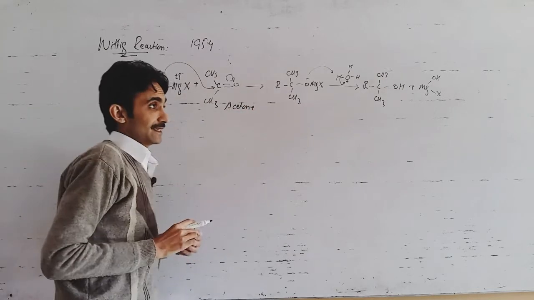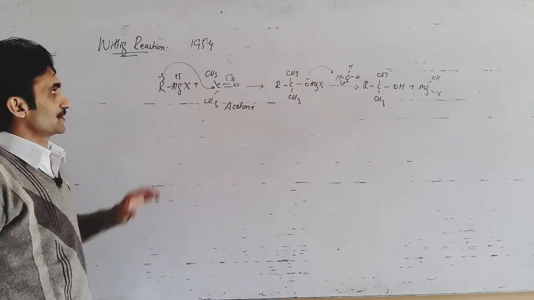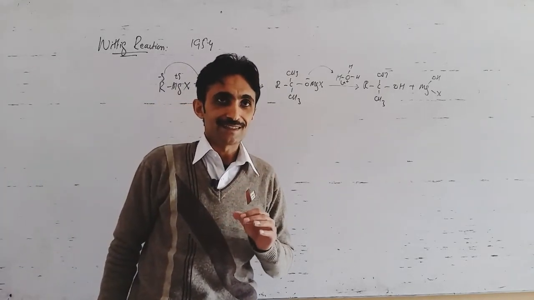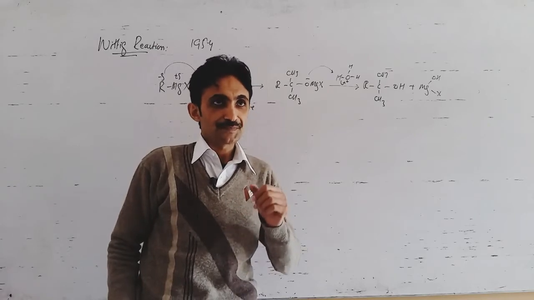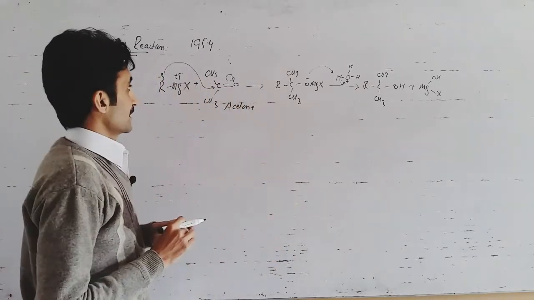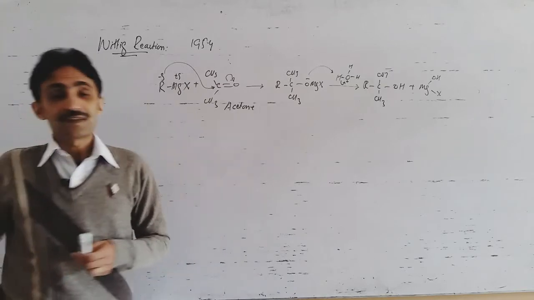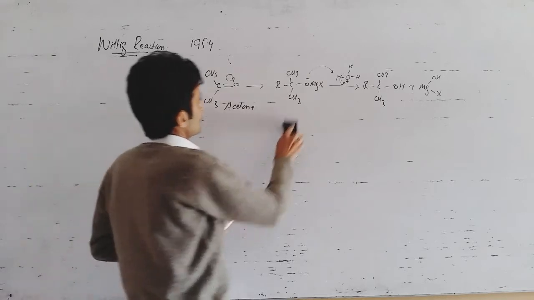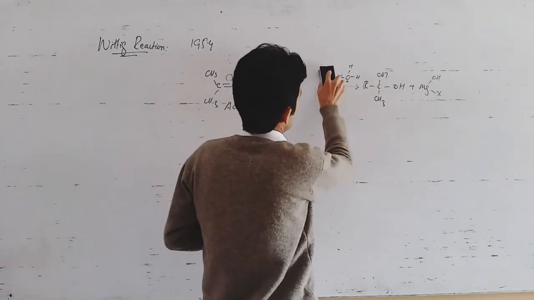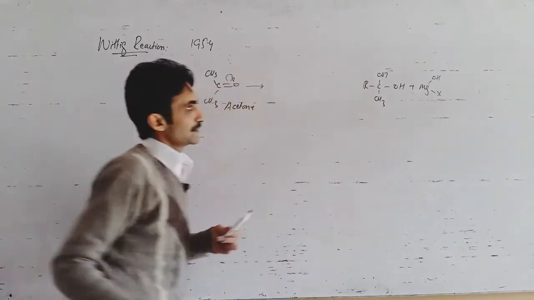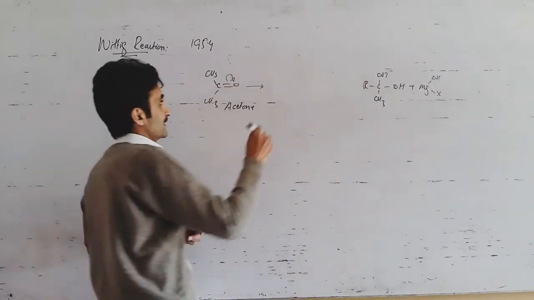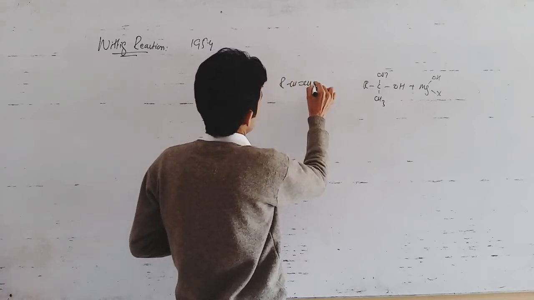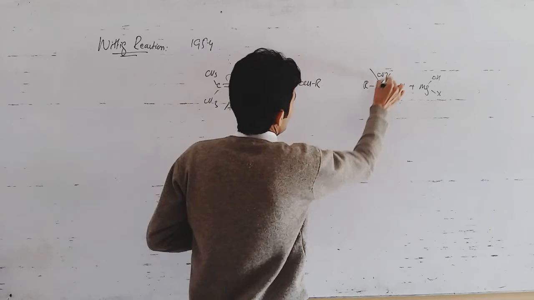But our reaction today is not going to be about organometallic compounds such as Grignard reagent. Today we are going to discuss a transformation in which we will try to transform the carbonyl compound into an alkene, not an alcohol.